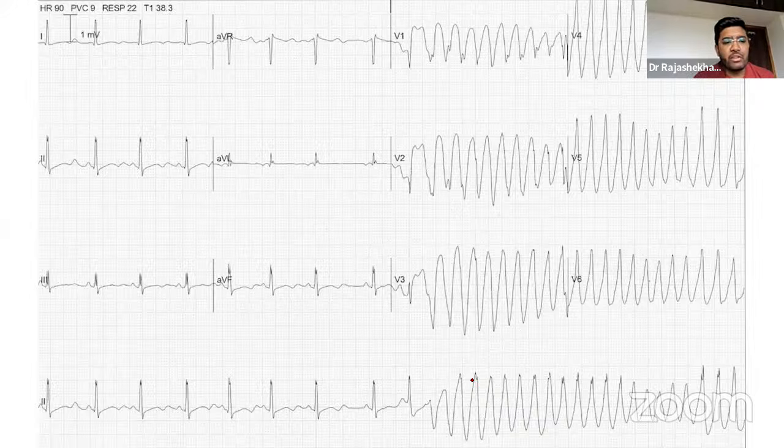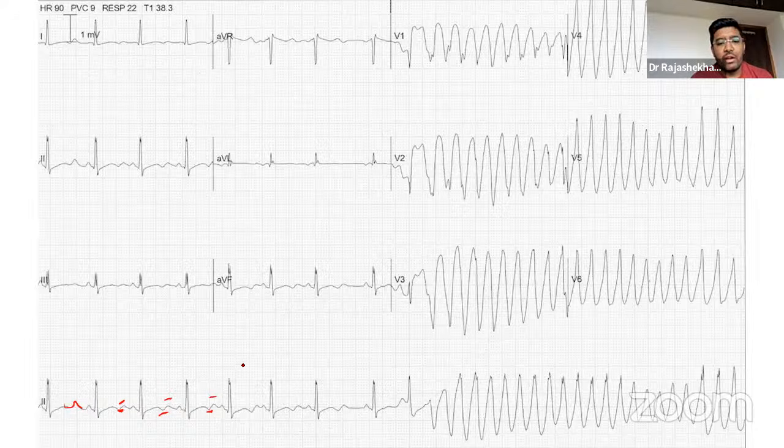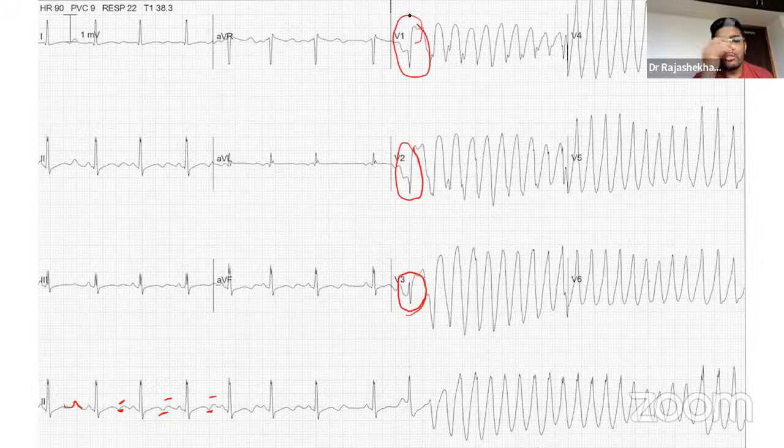If you see the earlier part here, there is an ST depression, there is a T wave inversion, and then the appearance of U wave. So this is a very beautiful tracing also. There is a T wave inversion along with the appearance of U wave. And while taking the tracing, there is a sudden atrial ectopy arising in this patient, which has been falling exactly on the T wave of the previous QRS.